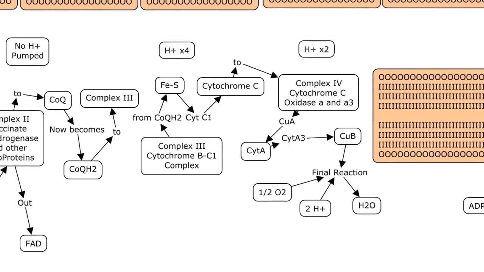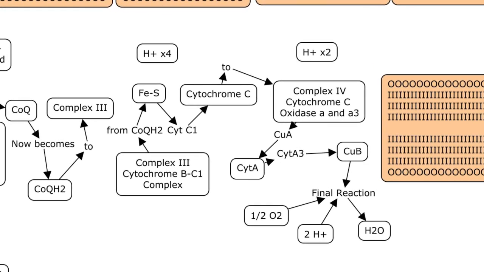Cytochrome C is going to go to complex 4, which is cytochrome C oxidase, A and A3. It's going to drop them off there, and I'll go ahead and mention now another name for coenzyme Q is ubiquinone. So yeah, it's not a protein, it's a coenzyme. It's not bound to a protein.